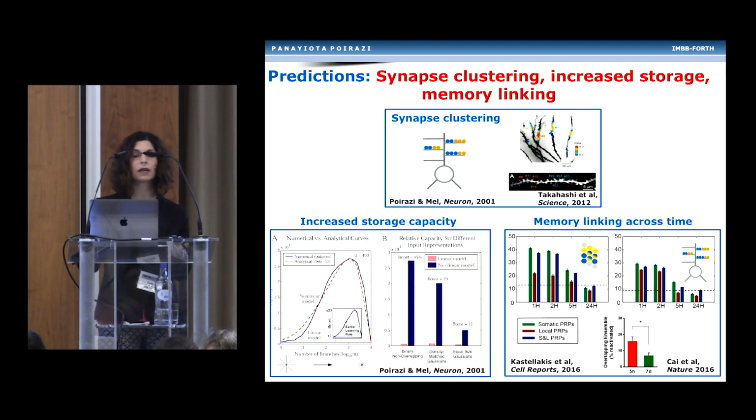And more recently, we also were able to show that having nonlinear dendrites in which synapses can form clusters can also serve as a mechanism for linking memories across time. So this was a nice experimental study done in the Alcino Silva lab, where they showed that if you have two memories learned within a time period of a few hours, then the second memory benefits from the learning of the first.